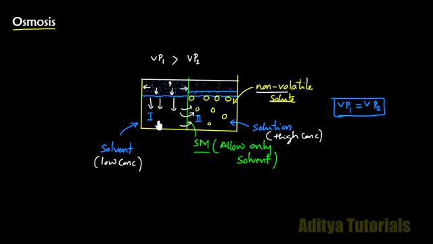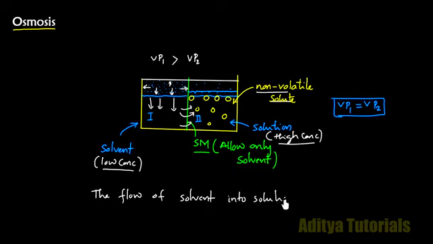So solvent molecules are moving from low concentration to high concentration through the semi-permeable membrane. Therefore, we can make a statement: osmosis is the flow of solvent from lower concentration to higher concentration, or the flow of solvent into solution through a semi-permeable membrane.